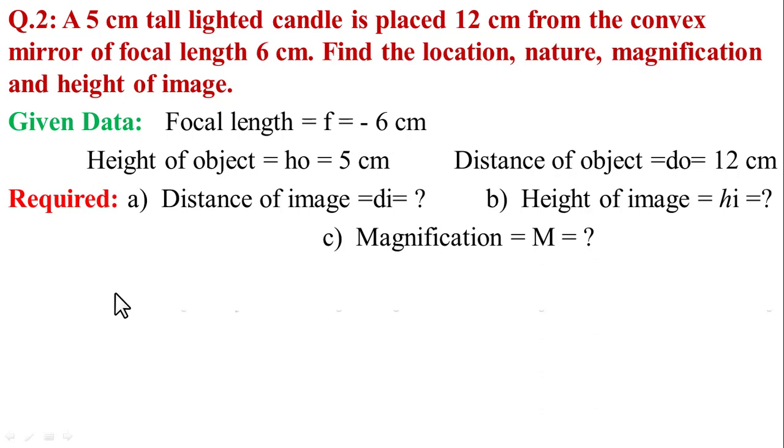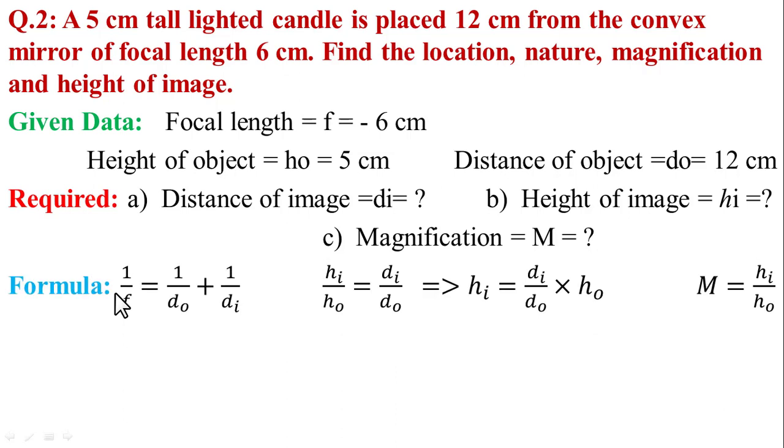So we will solve the question by using the formulas. 1 over f is equal to 1 over d naught plus 1 over di, and also use the formula hi over h naught is equal to di over d naught. This implies that hi is equal to di over d naught multiplied by h naught, and find the magnification by using the formula m is equal to hi over h naught.